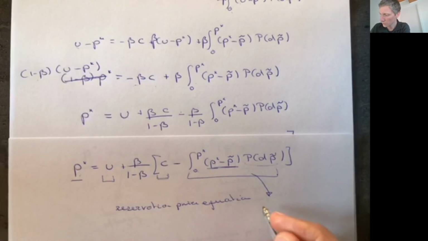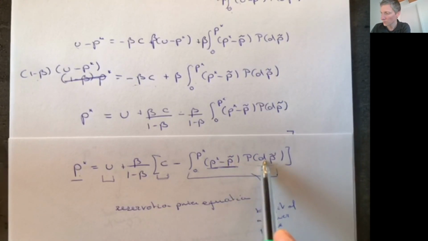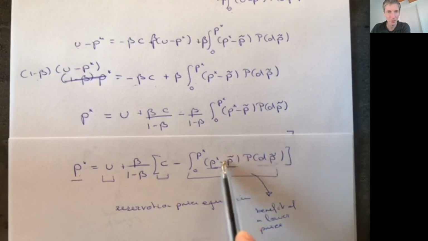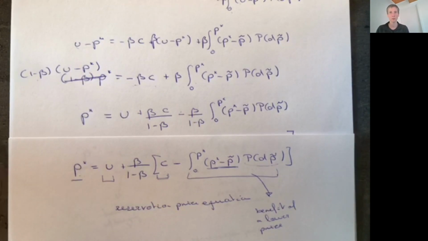Okay, so this is basically the benefit of a lower price. So if you have a larger probability of obtaining a lower price, then the reservation price will go down. Okay, which also makes sense.